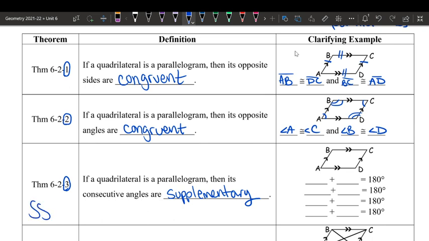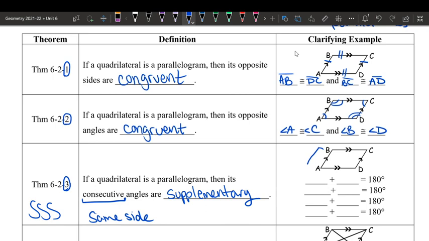So this is the SSS. Another way of saying same side is consecutive. Consecutive means right in a row, directly the next one following. Same side angles are supplementary, so they add up to 180.